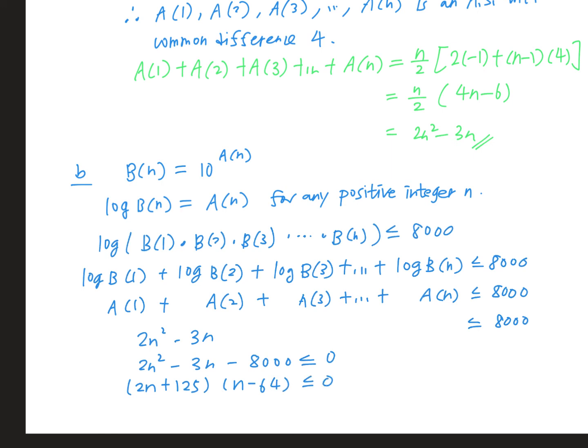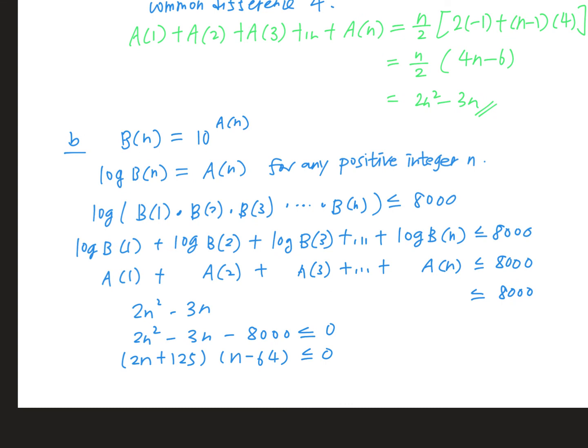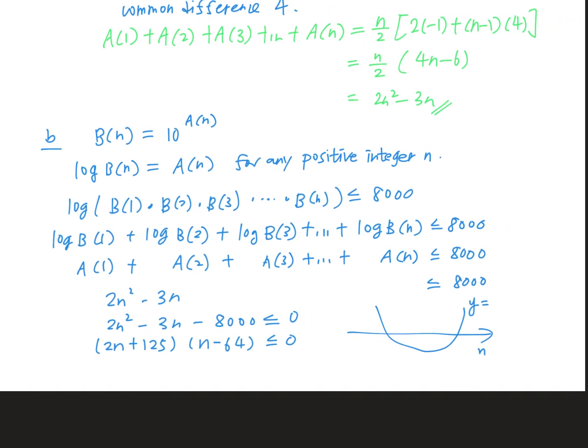Okay, then we may try to sketch the corresponding parabola. So that will be in the form of y equals 2n squared minus 3n minus 8,000.